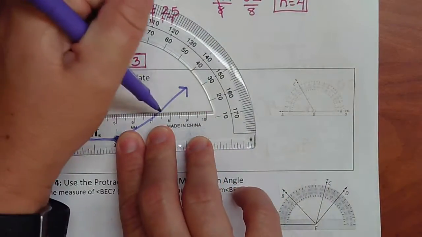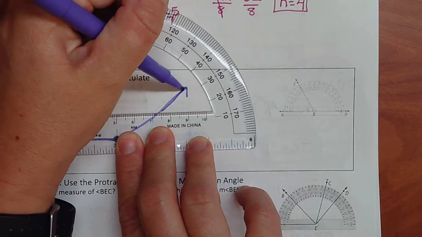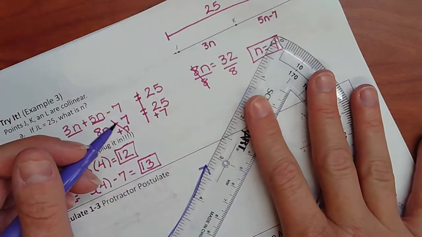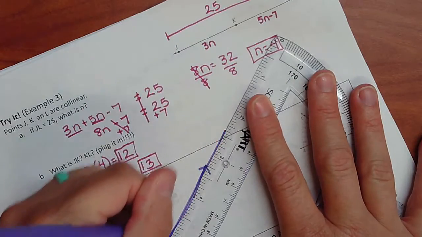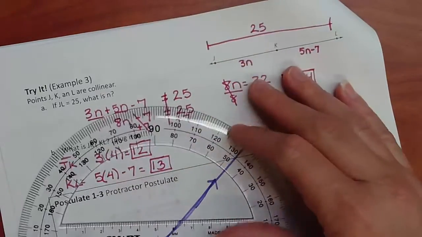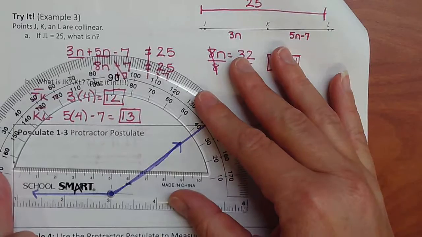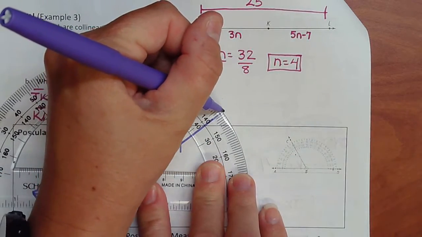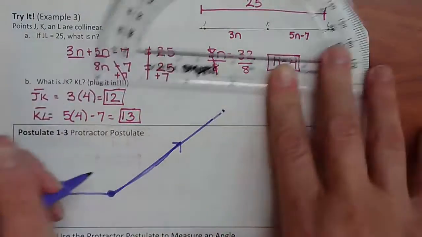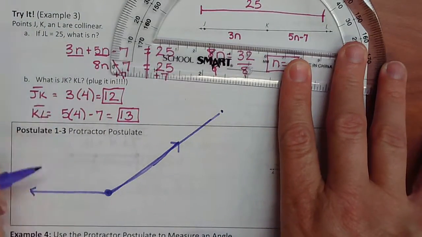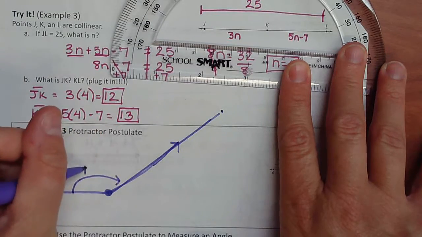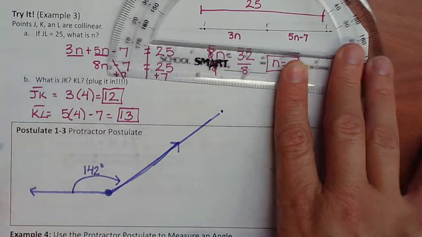And then this other ray, if we were to extend it all the way out, let's pretend this is a really good line, extends out to about here on my protractor. So this would be about 142 degrees. From here to here is 142 degrees.